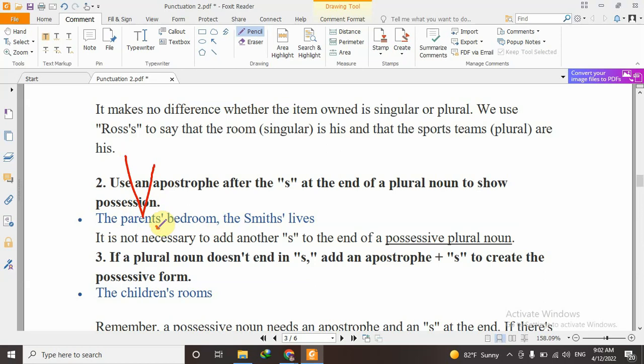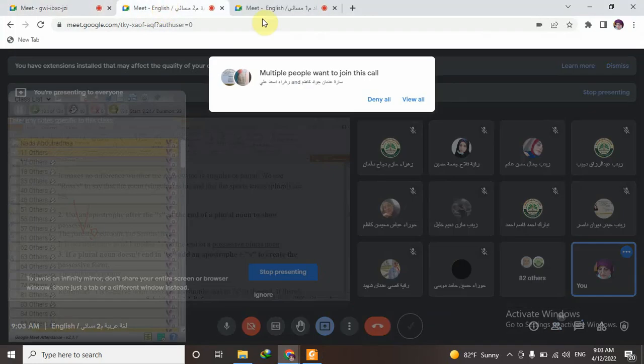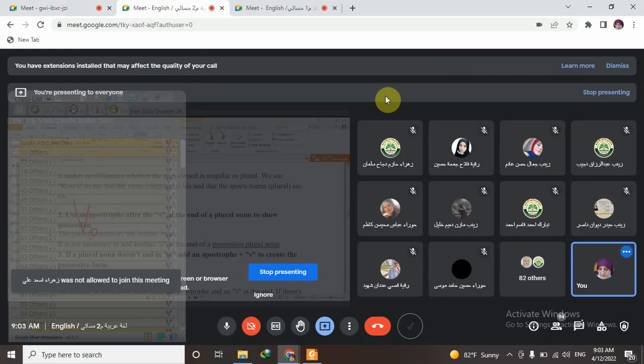In this case, I can't add the possessive s. I'm just going to add the apostrophe, so I say the parents' bedroom. The Smiths' lives. Sorry, lives. The Smiths' lives, meaning the life of the Smith family. A collective noun, not one Smith. So here we mean the Smith family, where every person in this family traces their surname or origin back to their great grandfather, Smith. So we call them the Smiths.